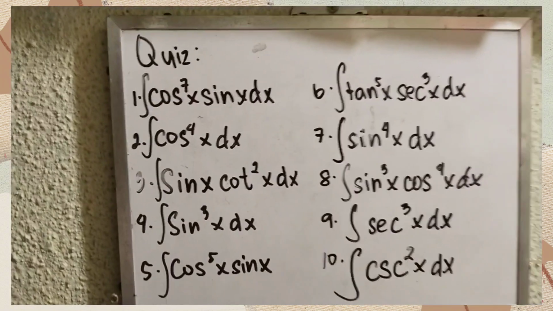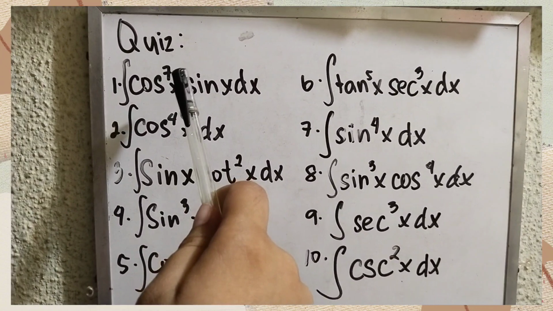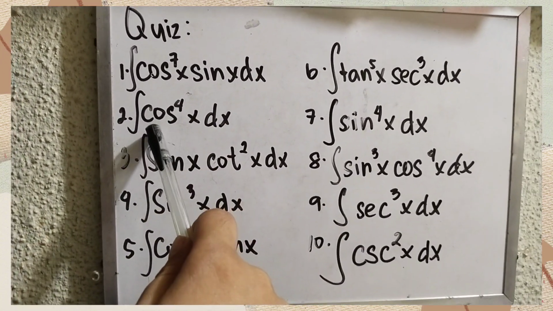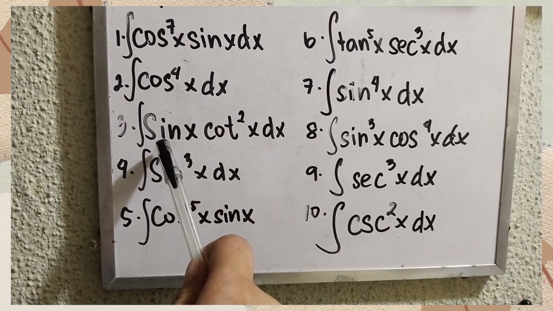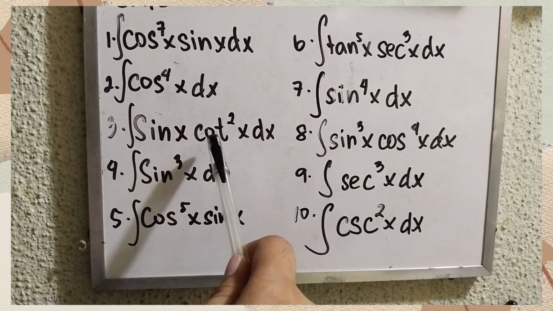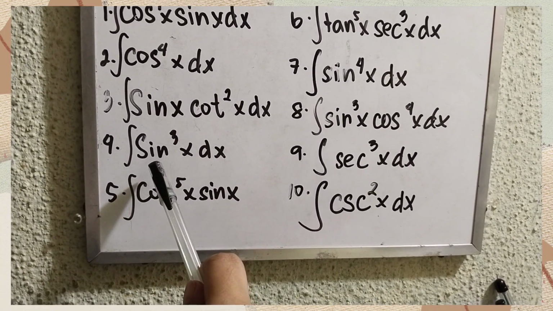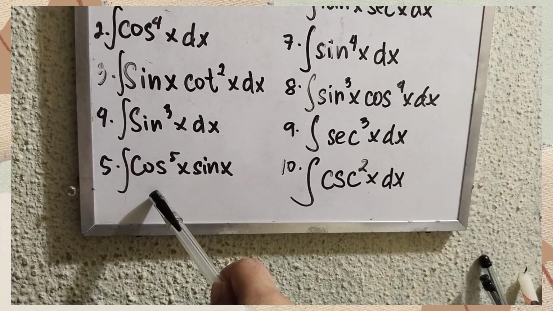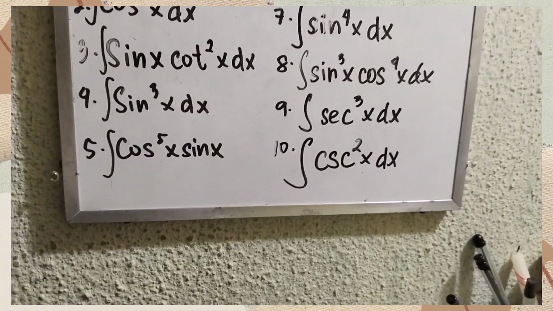Now for our quiz items, here are the 10 quiz items. Number 1, the integral of cosine to the 7th power x times sine x dx. Next, the integral of cosine to the 4th x dx. Number 3, the integral of sine x cotangent squared x dx. Number 4, the integral of sine cubed x dx. Number 5, the integral of cosine to the 5th x sine x dx.